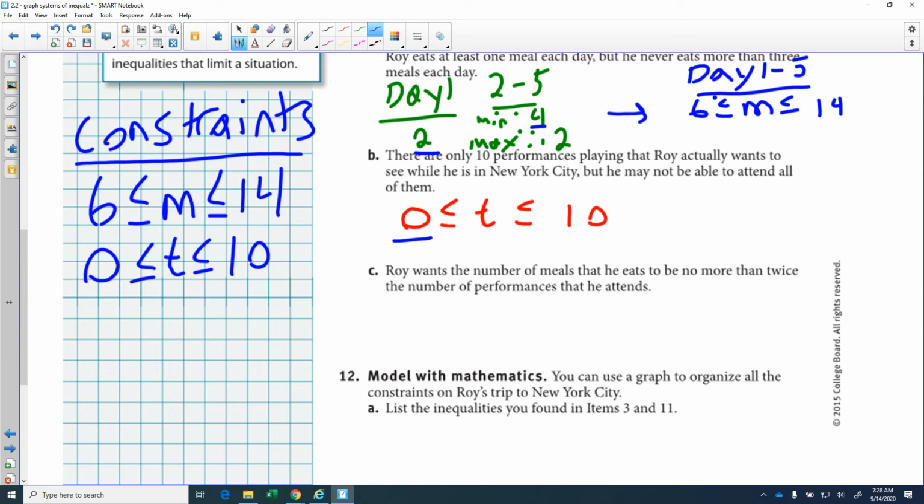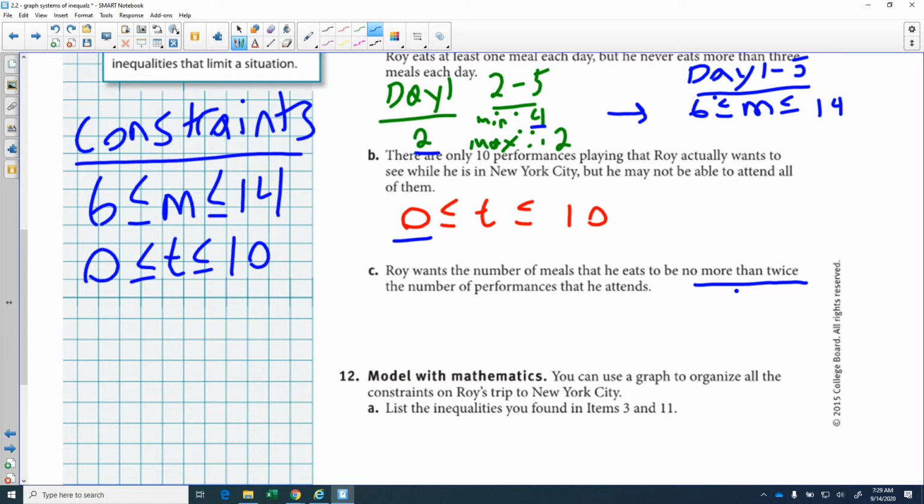So let's see, Roy wants the number of meals that he eats to be no more than twice the number of performances that he attends. Once again, you kind of read that one out. Well, the idea here is, if I'm trying to think about how I would actually solve this, sometimes when you throw numbers out, it makes a little more sense.